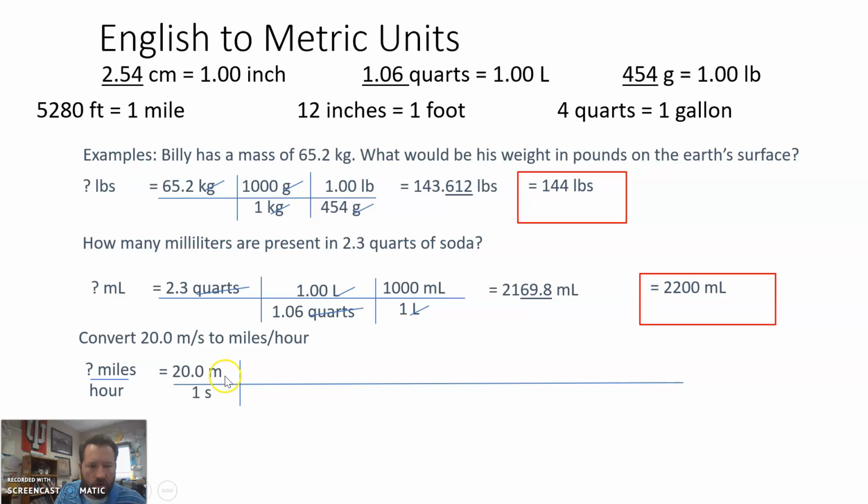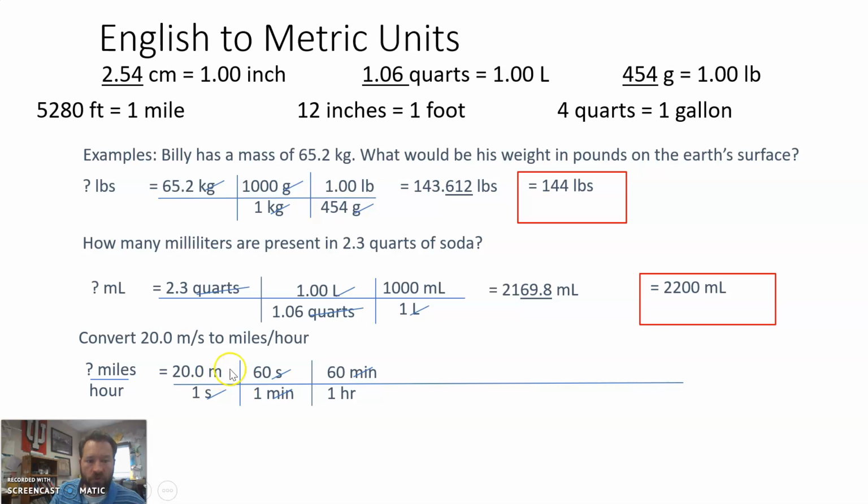I could either go meters to miles first or seconds to hours. I prefer time. I think it's easier to work with the time. So we go seconds to minutes, seconds cancels out. And then minutes to hours. So these are conversions I find easier personally. So I start with those. Seconds to minutes, minutes to hours. The 60 goes on the top, which means we'll multiply it at the end.